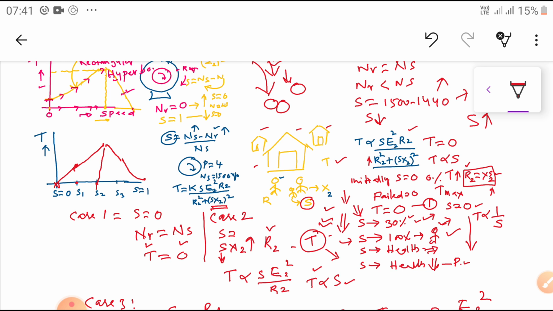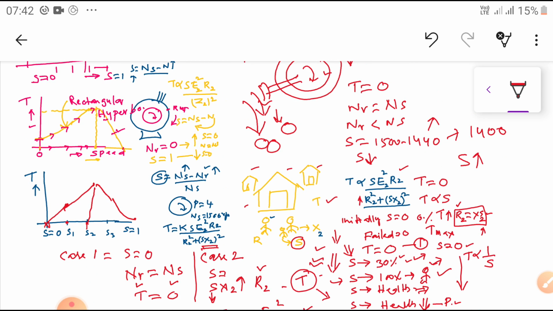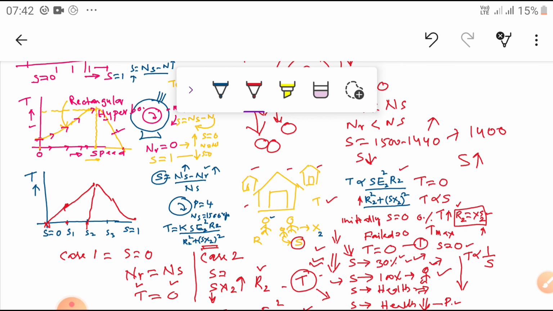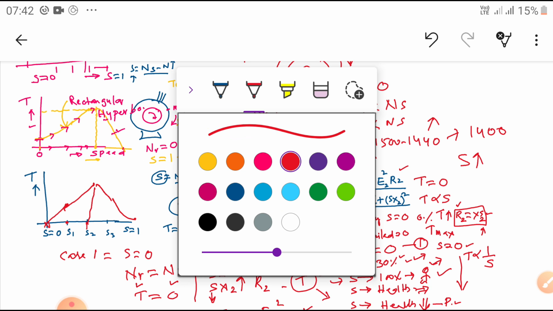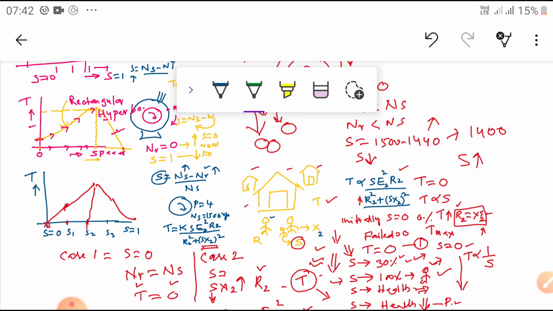We can call this the pull out torque or breakdown torque. So this is the maximum torque.